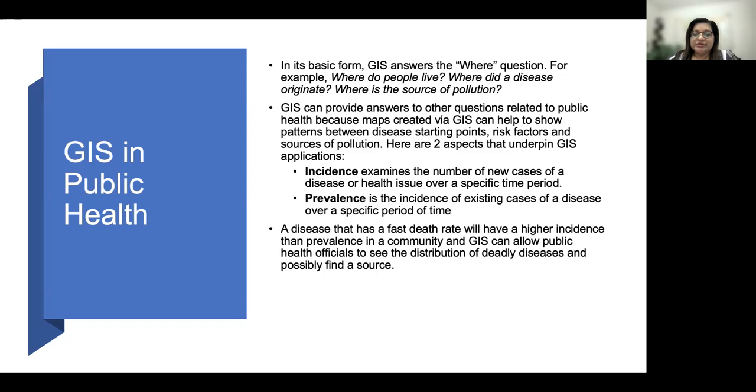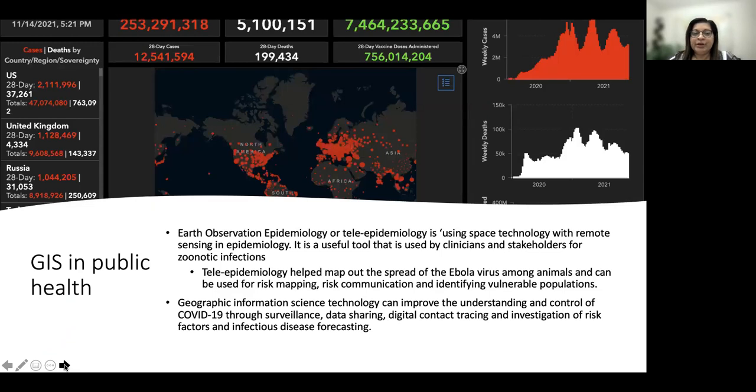A disease that has a fast death rate will have a higher incidence than a prevalence in a community, and GIS can allow public health officials to see the distribution of deadly diseases and possibly find a source. Everyone is aware of the Johns Hopkins dashboards, which were created during the COVID pandemic, which is also represented here.